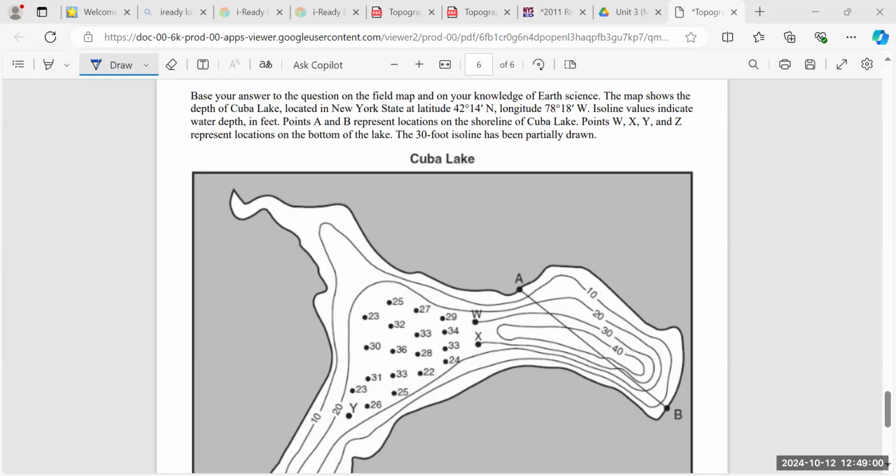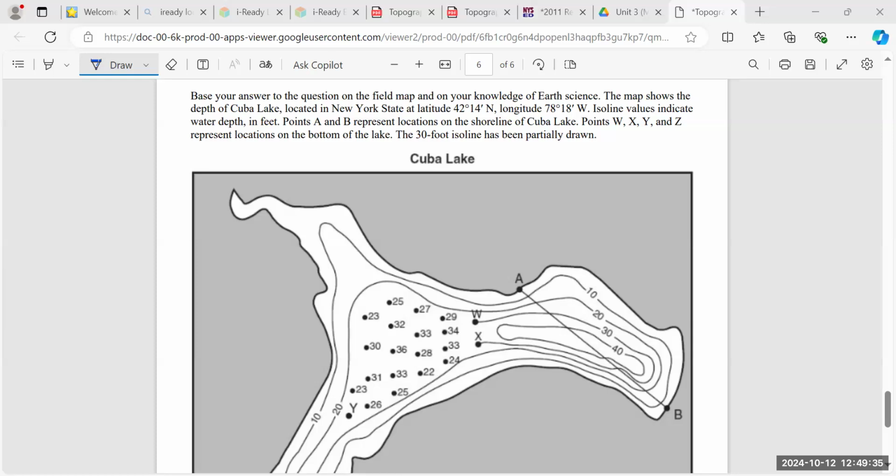And so number 15 says, state the compass direction and distance in feet from point Y to point Z. I'm going to zoom out so that we can see everything.